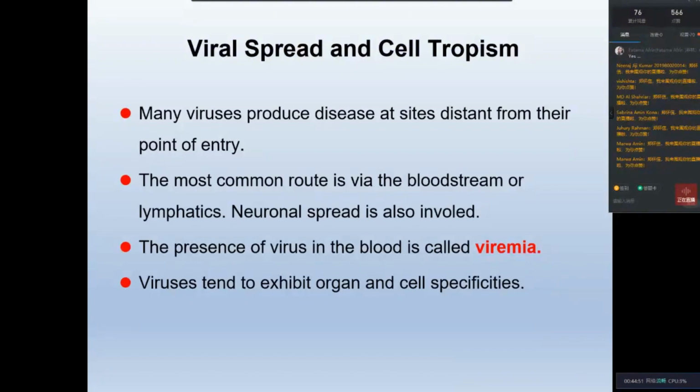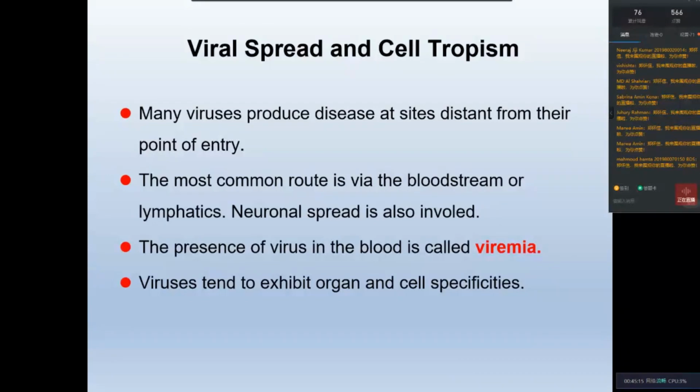And if the virus spreads in the bloodstream, you will have viral particles in the bloodstream. This phenomenon we call viremia, that is, the presence of virus in the bloodstream.